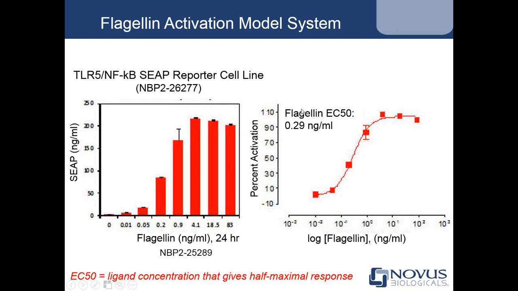And once again, we can determine here the EC50, which is the ligand concentration that gives half maximal response. So this is important to determine because if you add too much ligand to your system and you overwhelm the system and you add a little bit of inhibitor, it won't be able to stop all the responses. So we always encourage researchers to do these titrations to determine what their EC50 is and then base their ligand concentration on that.